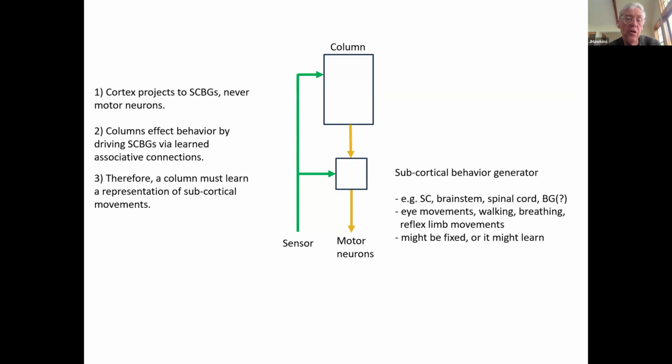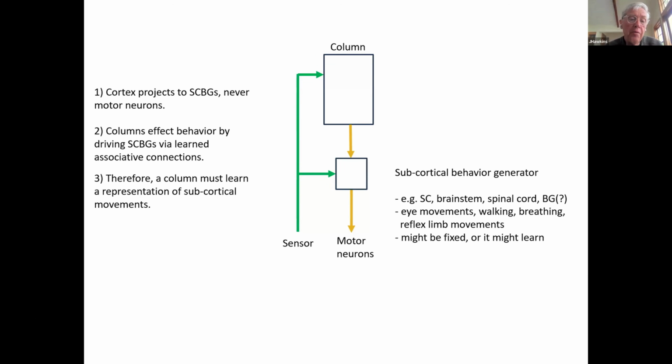A cortical column doesn't know what it's projecting to. It's a generic learning module that has to learn how to drive the subcortical behavior generator. It has to learn to control it via associative learning connections. So this is not a hardwired thing. It has to figure out how it is supposed to control this thing.